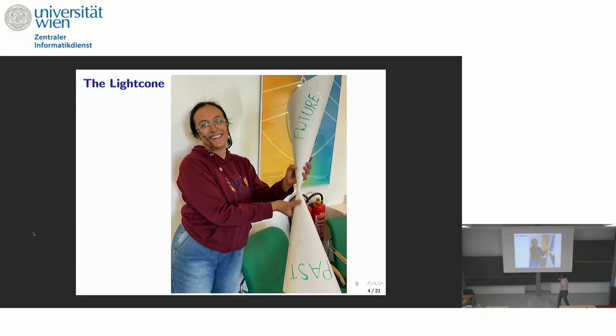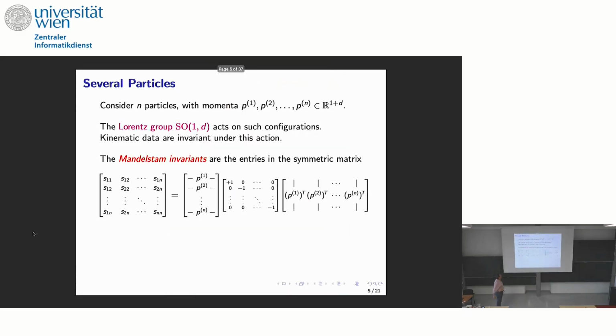In any case, here's Veronica, and d is equal to 2 in the picture, and we're going to be interested in points that are inside this cone, and we like to talk about configuration spaces, real semi-algebraic sets of configurations of n particles in the light cone.